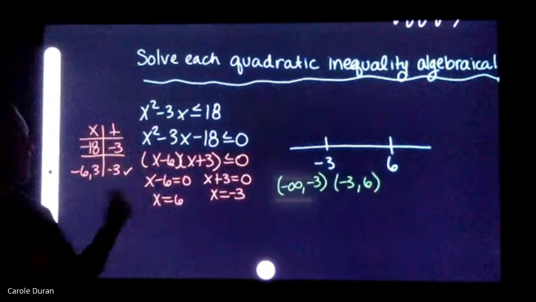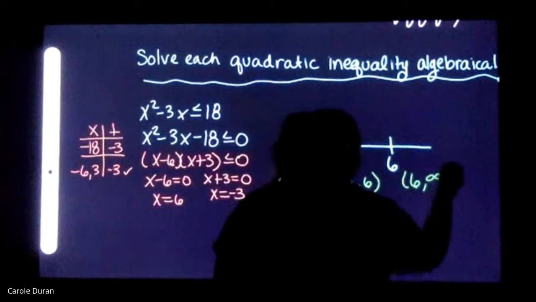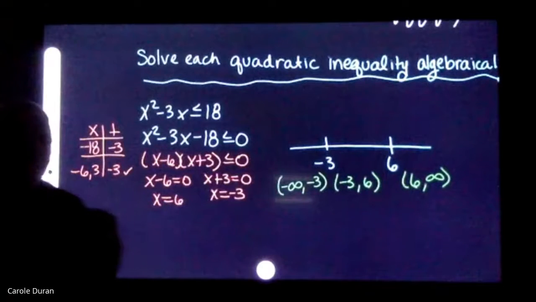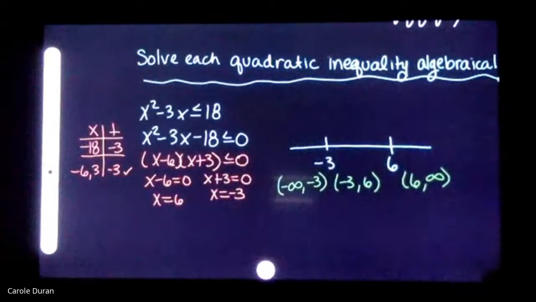And everything larger than 6, which we write as 6 to infinity. What I'm going to be doing is testing to see which of these intervals is a solution to my inequality or fits my inequality.